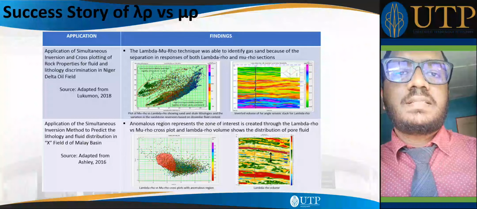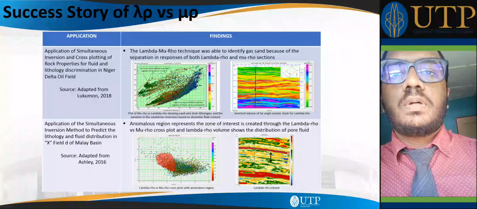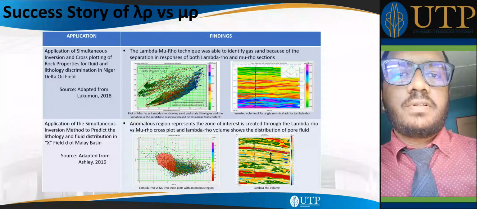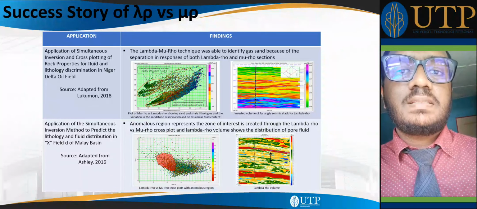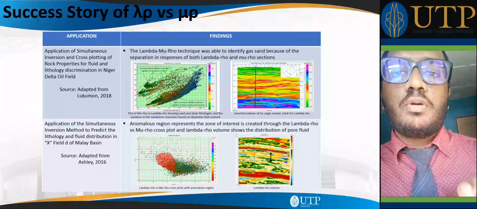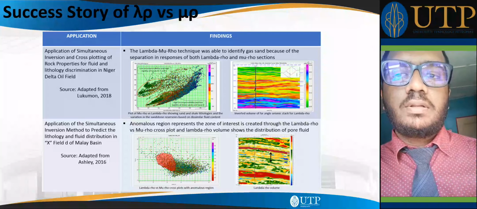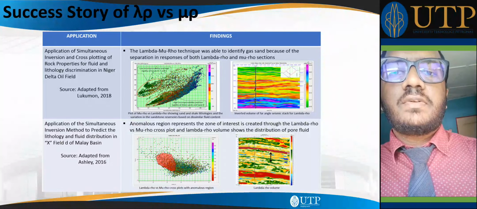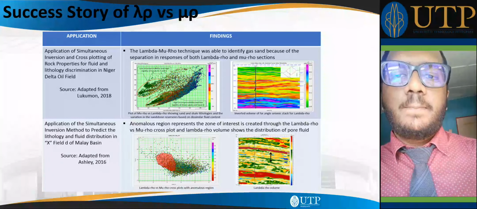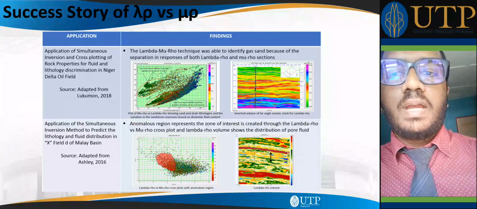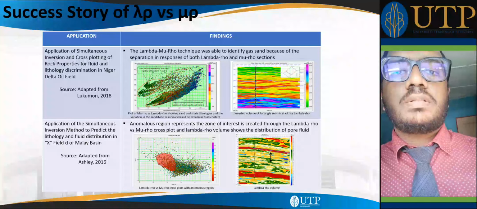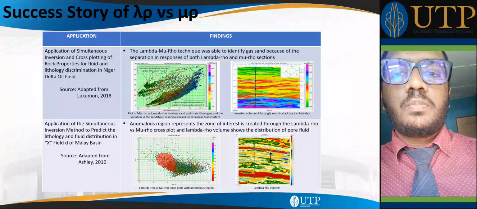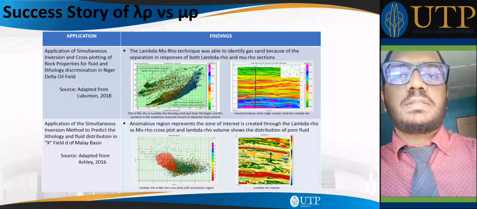Let's move on to the success stories of Lambda-Rho versus Mu-Rho. The first application is the application of simultaneous inversion and cross-plotting of rock properties for fluid and lithology discrimination in a Niger Delta oil field. The finding from this application is that the Lambda-Mu-Rho technique was able to identify gas sand because of the separation in responses of both Lambda-Rho and Mu-Rho sectors.